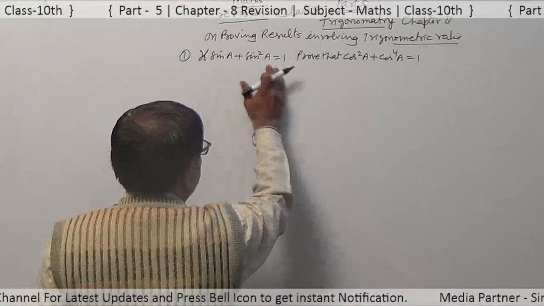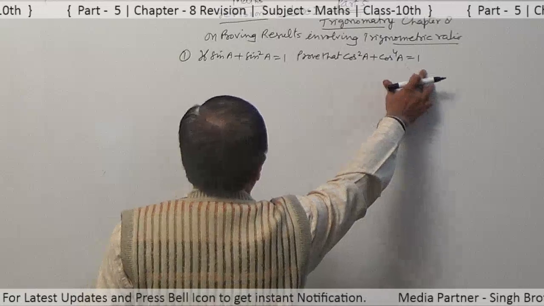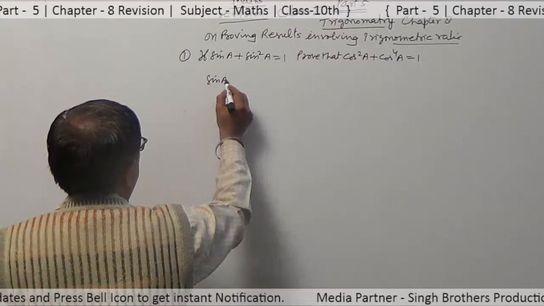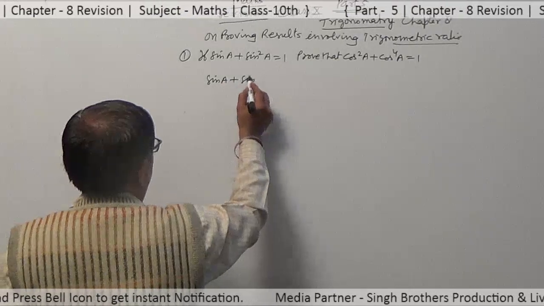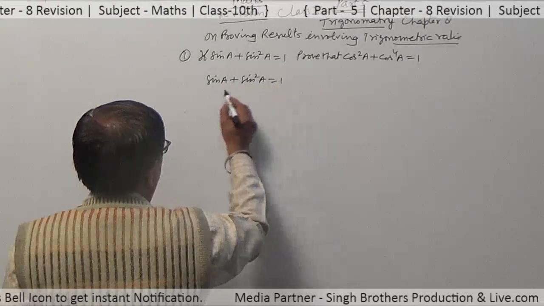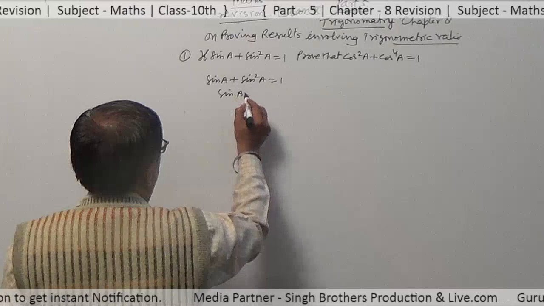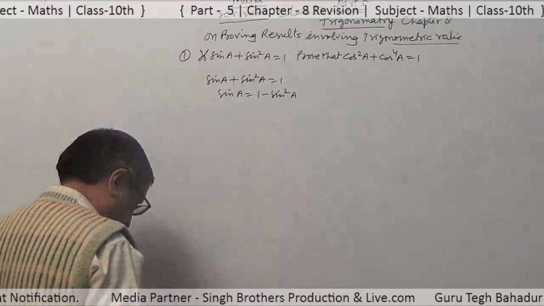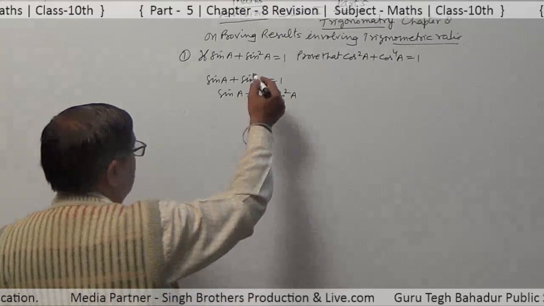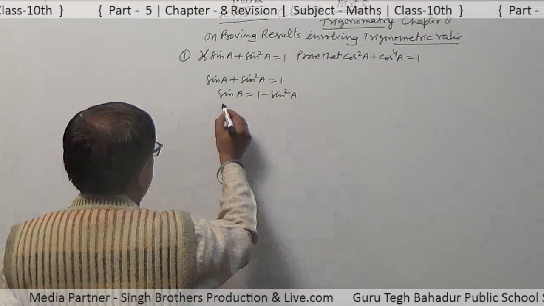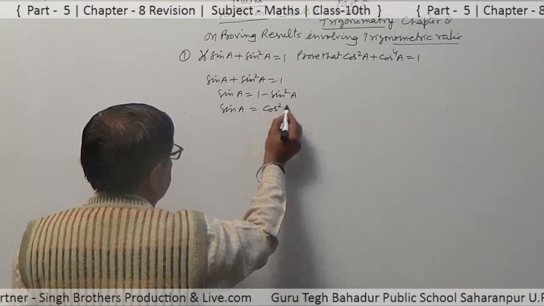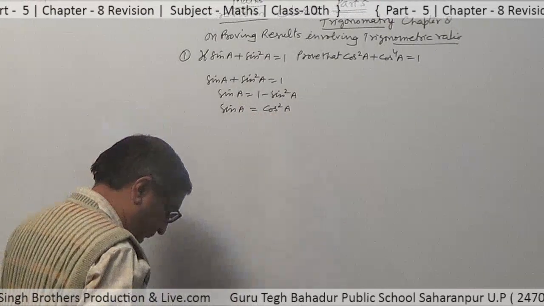By using this one, we will prove this value. So, sin A plus sin square A is equal to 1. Sin A is equal to 1 minus sin square A. This sin square take on right side. Sin A is 1 minus sin square A, which is cos square A.